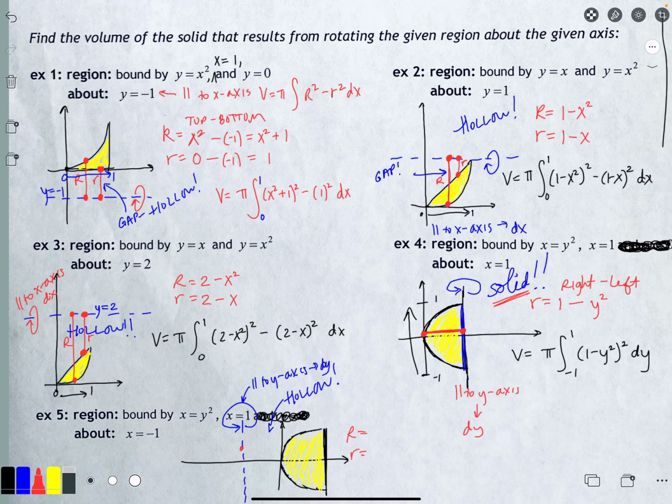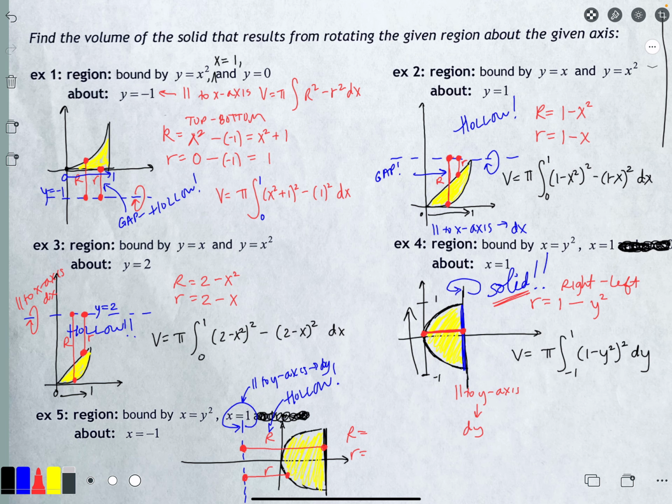You always start from the axis of revolution, and I'm going to draw to the outer curve on the original region. So this time I'm drawing to the right, and that's big R. And little r goes from the axis of revolution, which is the line x equals negative 1 again, to the inner curve on the original region, and that's little r.